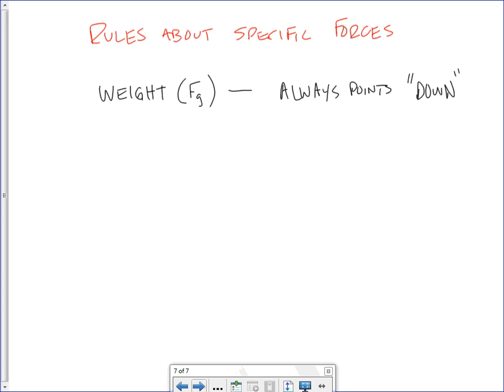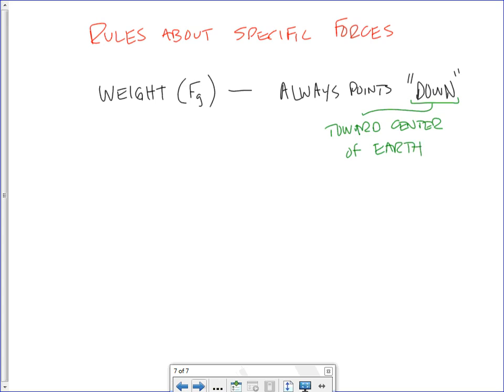We're talking here near the surface of the Earth, let's say for now. Down really means toward the center of Earth.